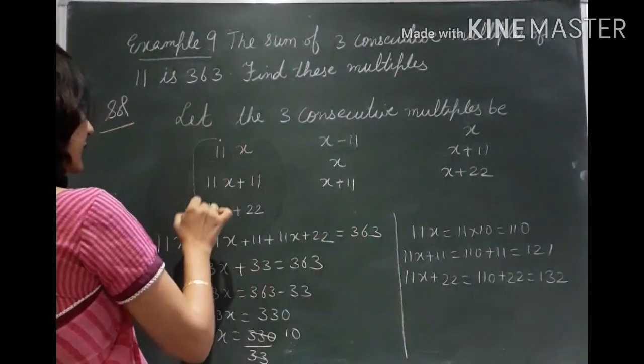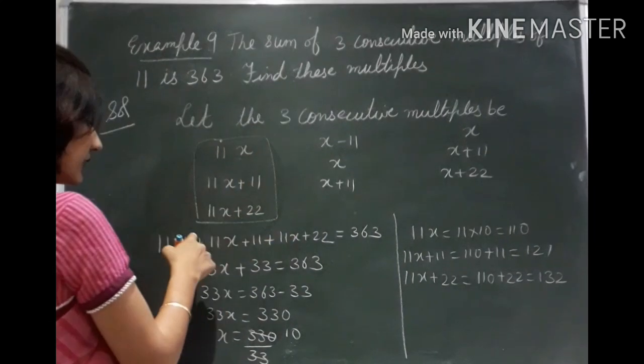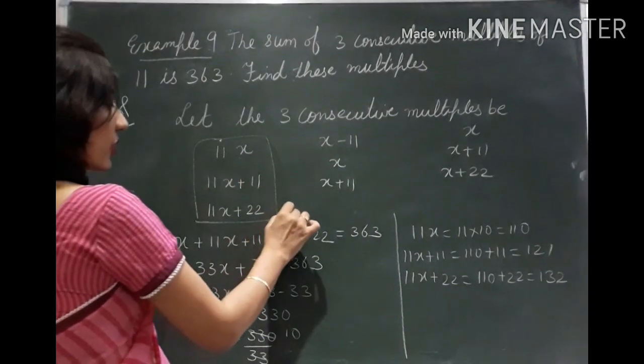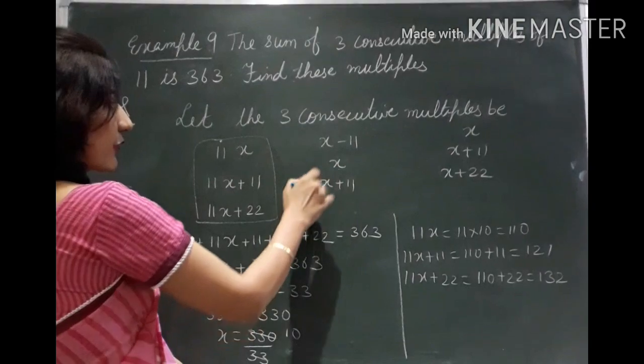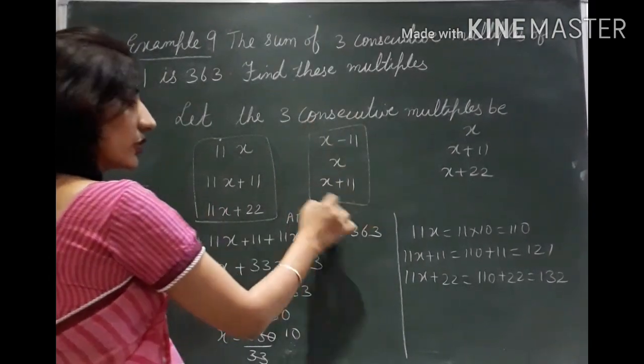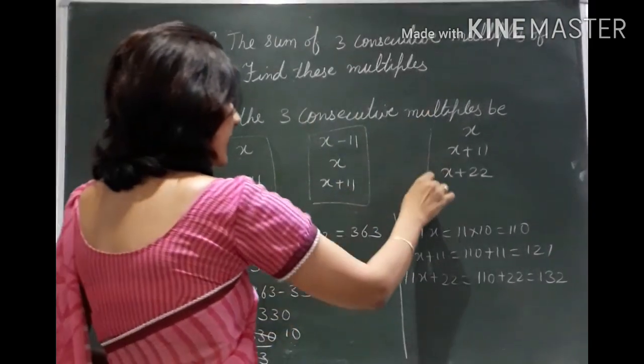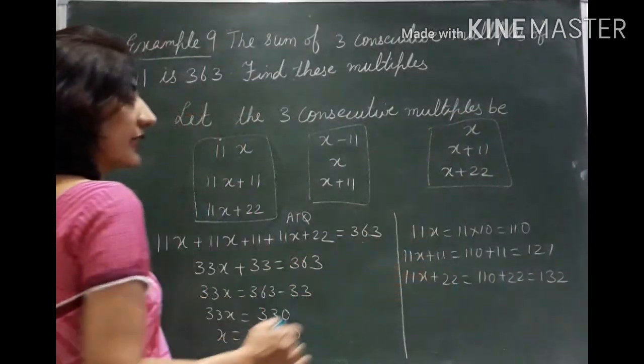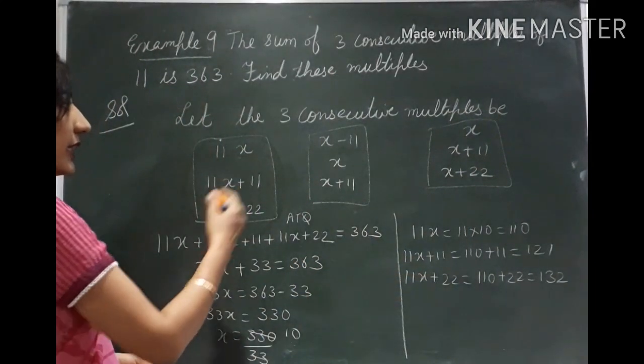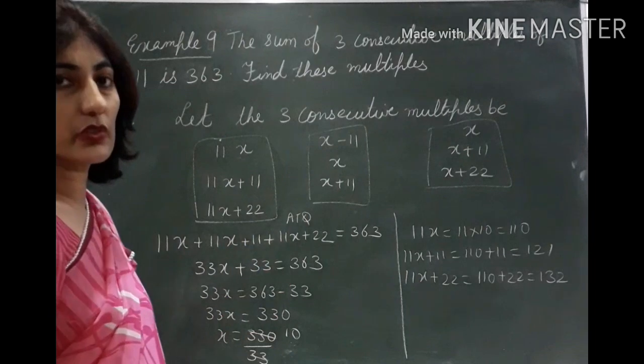If you take these set of consecutive multiples, you will do like this, and here you write according to question. Similarly, if you take the other sets of numbers, then also you will get the same answer. So any set of numbers you can choose, it's your choice.